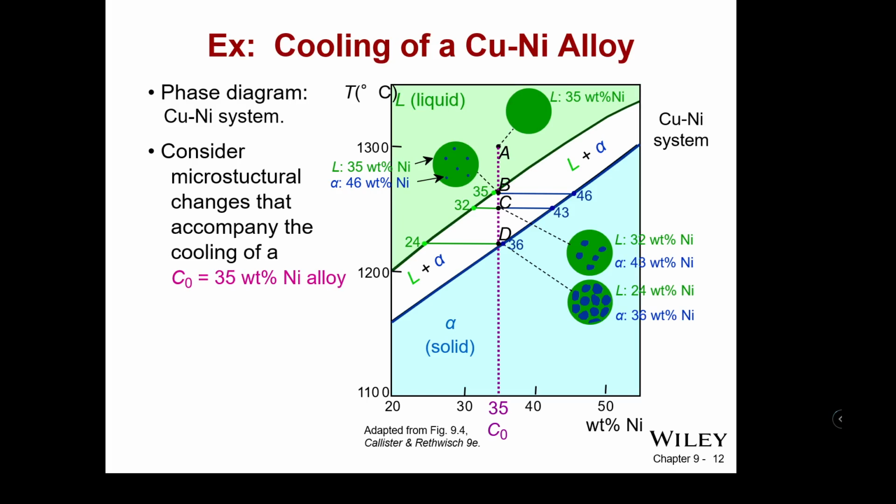That nickel concentration drops to 24 in the liquid and to 36 in the solid, until we reach that bottom phase where we're back to 35 weight percent nickel. So even though the starting and ending points still have 35% nickel, in the period in between where you have two phases, you have differing ratios in those grains.